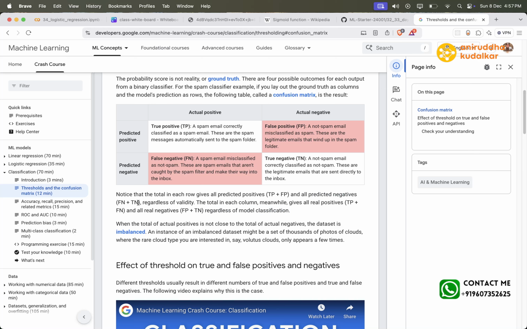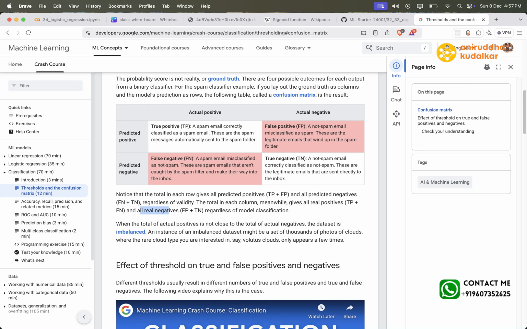The total in each column meanwhile gives the real positives, TP plus FN, and all the real negatives, FP plus TN. That will give you the real negative.